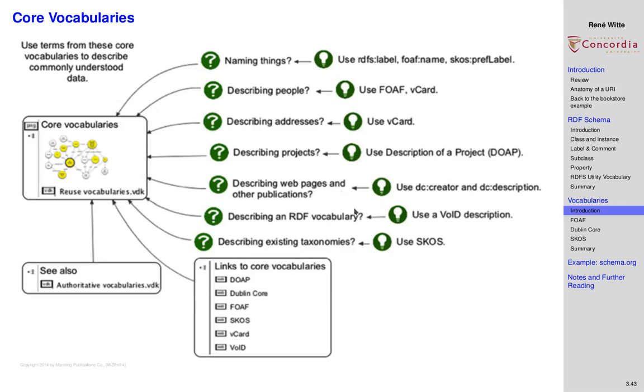If you have a vocabulary and want to describe the vocabulary, there's the VoID vocabulary, for making a vocabulary self-describing. And for taxonomies, what I showed you in the introduction, and I'll talk about this in more detail in a minute, there is this SKOS vocabulary.